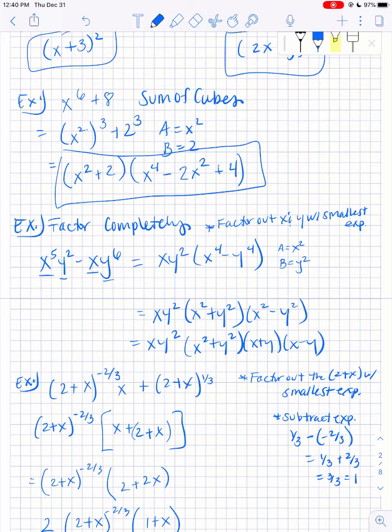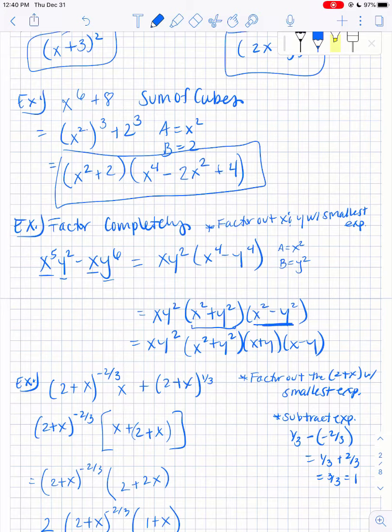And as we can see here, we have another difference of squares. So be careful with our difference of squares. Like for this first one, we have a plus sign in the middle, so it's not a difference of squares, it has to be a minus. But this one is our difference of squares.